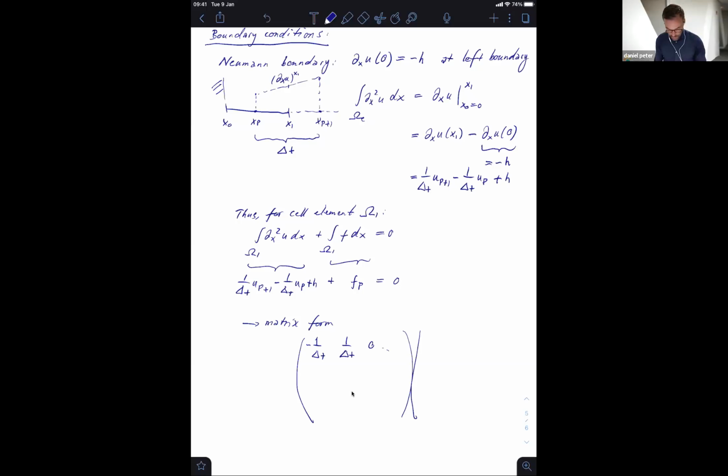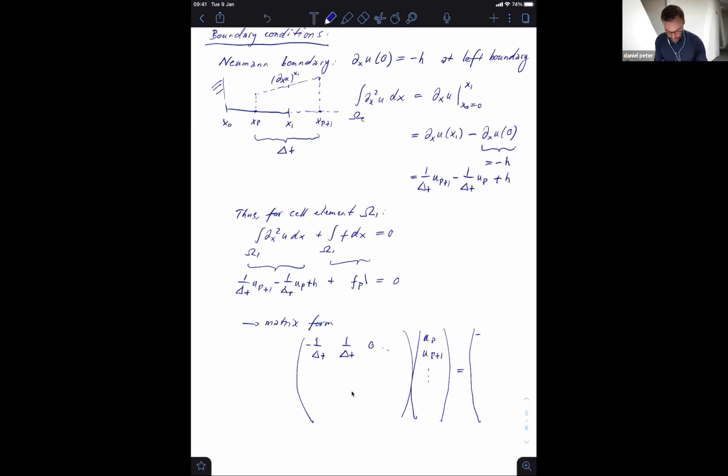Times the degrees of freedom. So we would have up plus 1, etc. Equal to the right-hand side. The right-hand side would be Fp.